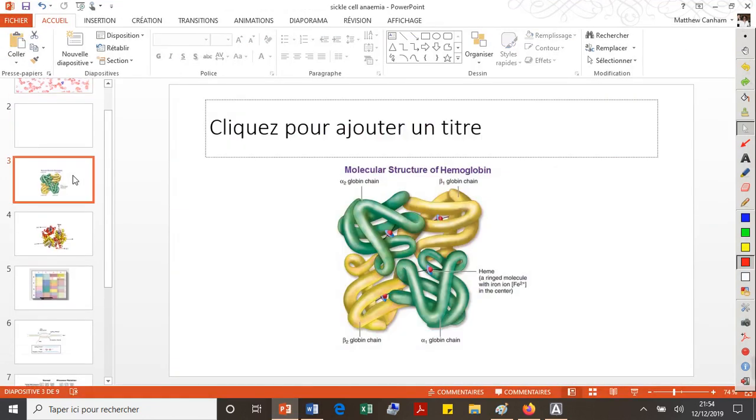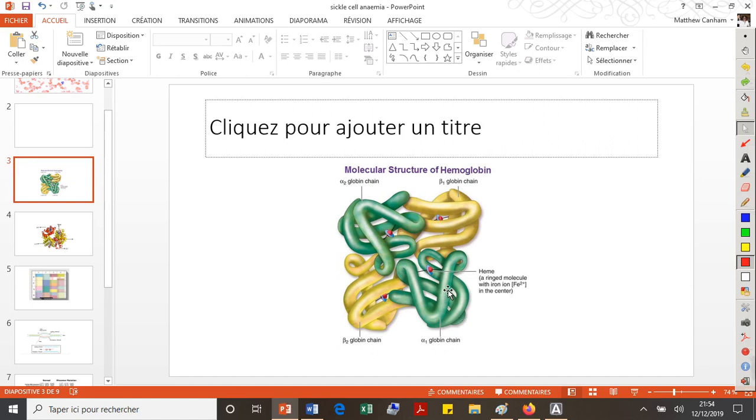So in red blood cells, there's something called hemoglobin. This protein here is hemoglobin. Hemoglobin is made of 4 polypeptides. 1, 2, 3, 4. We've got 2 alpha globins and 2 beta globins.